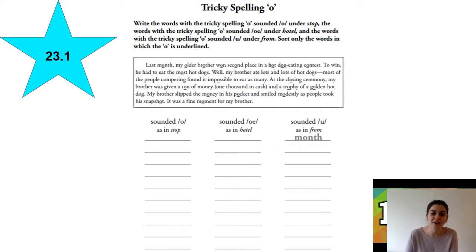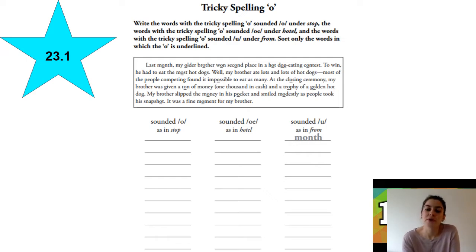So then they would have tried O, and that doesn't make any sense either. So then they tried the third sound and got month. Month is a word that we've heard before. So they wrote month in the column.